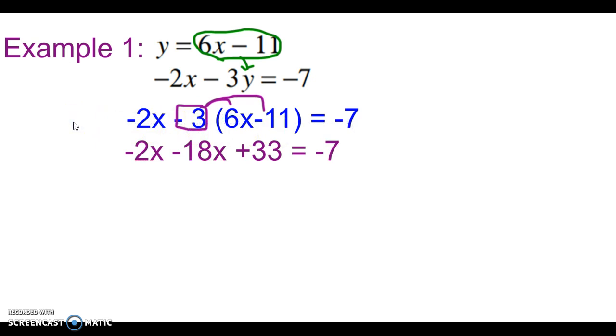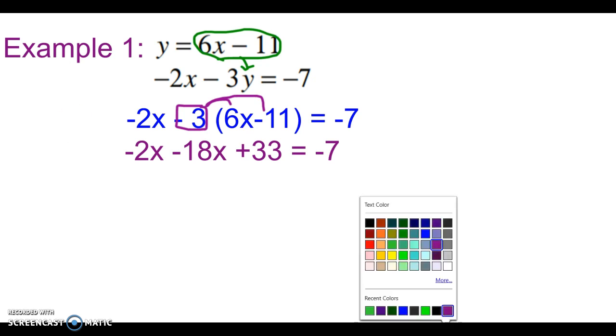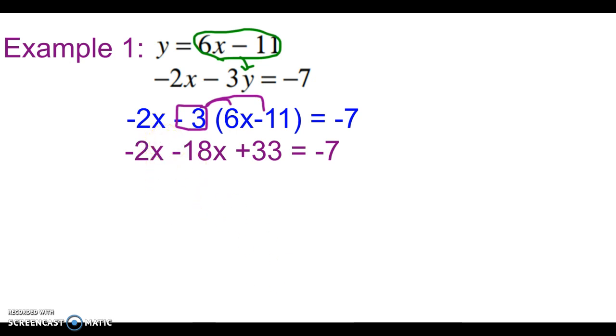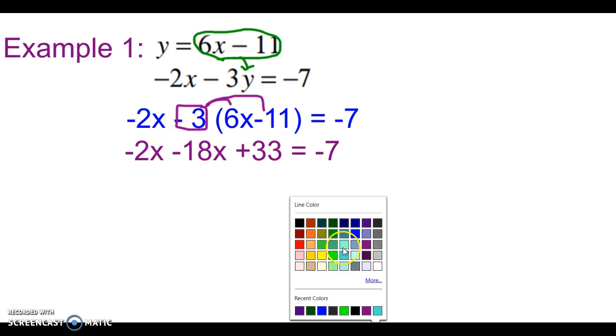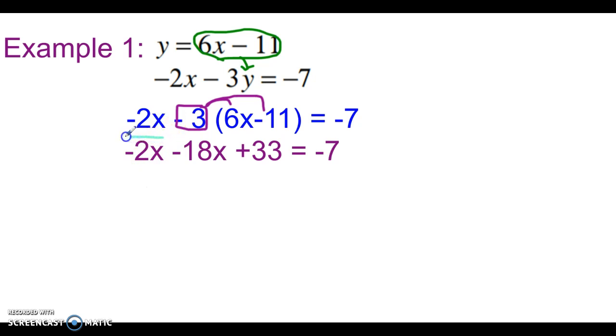Now we are going to do what we call combine like terms. Again, this is a skill that we have practiced in Algebra 1 this semester and last semester. We really worked on this, so we're going to combine like terms. A like term is when they have the same variable in common.